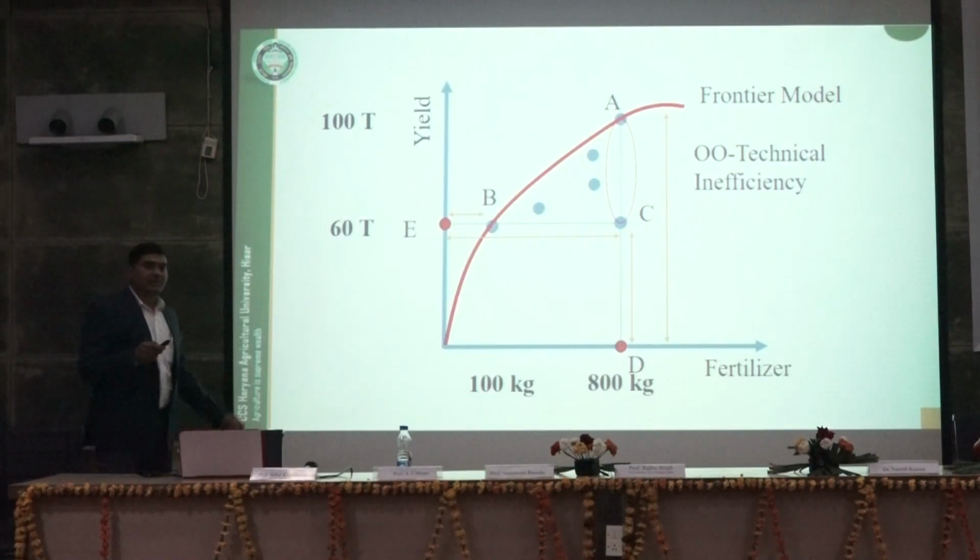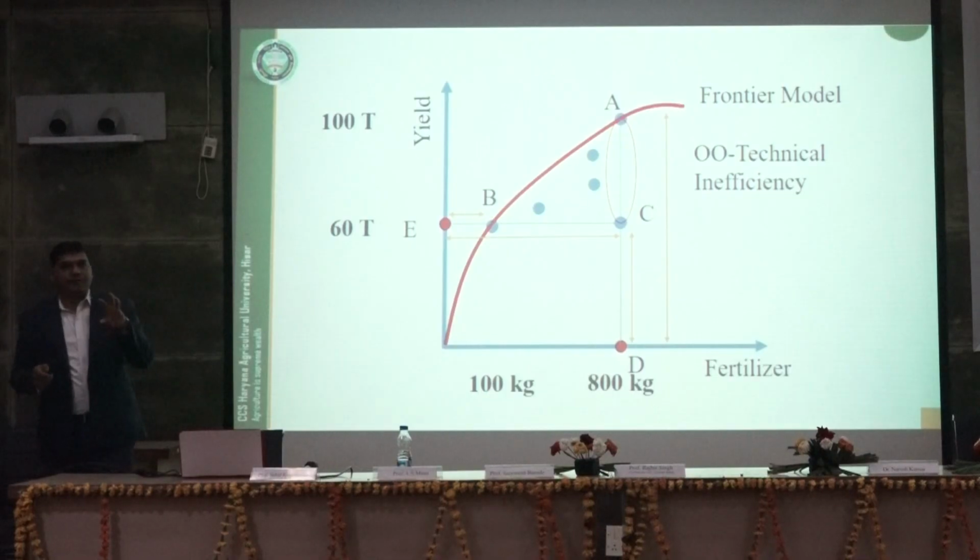Output oriented inefficiency means we fix the amount of input and we have to maximize the output. This is the amount of inefficiency based on this dose of fertilizer. And in case of input oriented inefficiency, we have fixed this value.